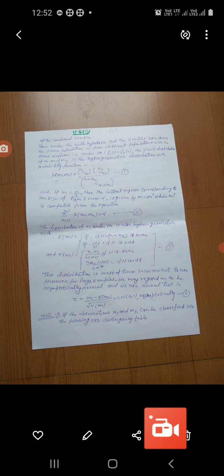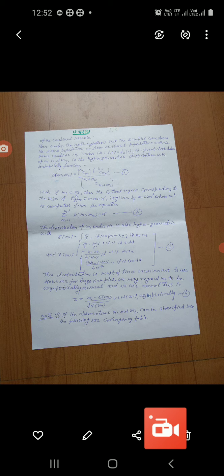That means Z is equal to M1 minus expectation of M1 upon under root variance of M1, and this follows normal distribution with mean 0, variance 1 asymptotically. Let it be equation number 4. So this is about your median test.